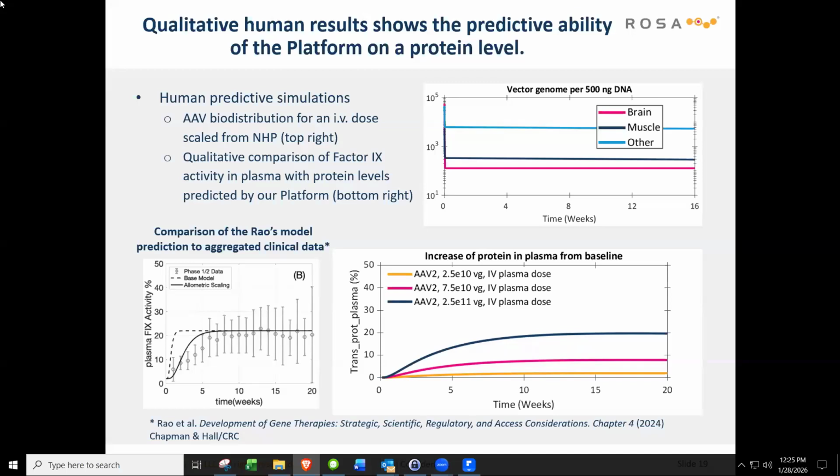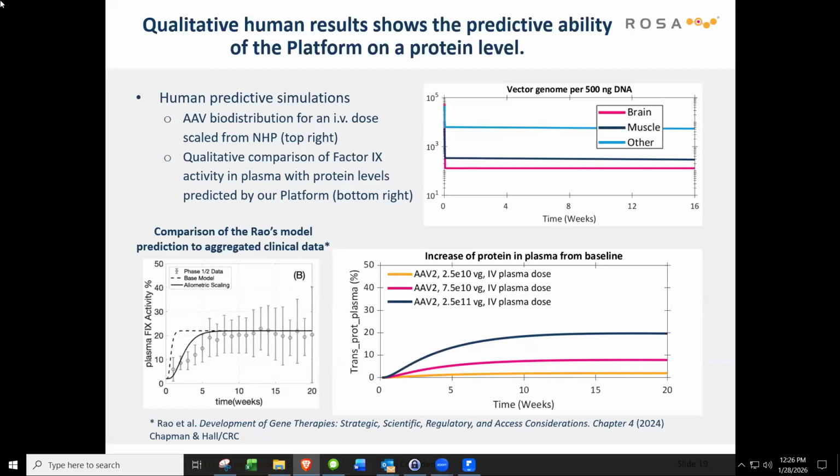This model has been one of our main references for our model. This data is actually from factor 9 activity in plasma. This paper and this data was about AAV8, not the AAV2 serotype, and the target tissue was liver.